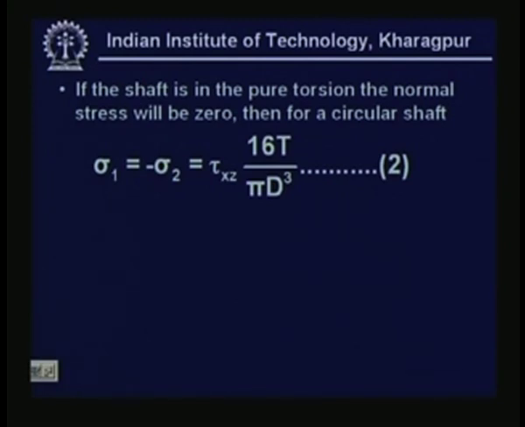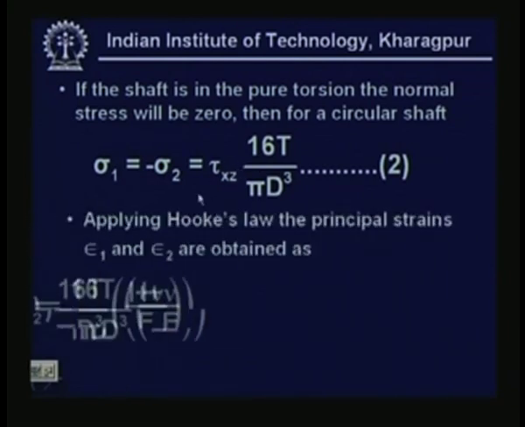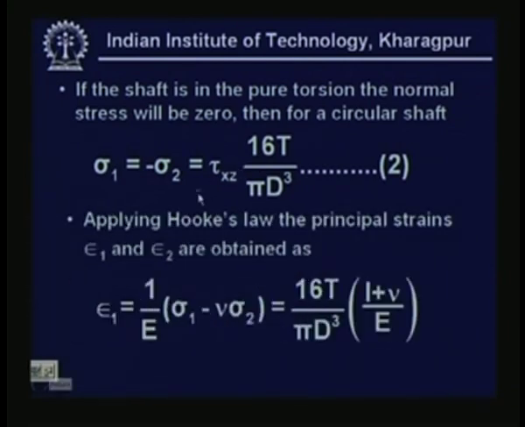Then for a circular shaft, we can write sigma 1 equal to tau xz and sigma 2 equal to minus tau xz.